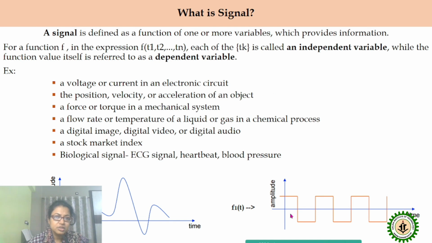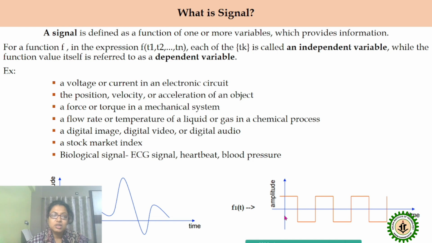Now here one signal has also been shown, with the amplitude side and the time side. Here you can see any signal: the amplitude is initially increasing, then decreasing, then suddenly increasing. So we are getting some information. Another type of signal is also possible, like this one.